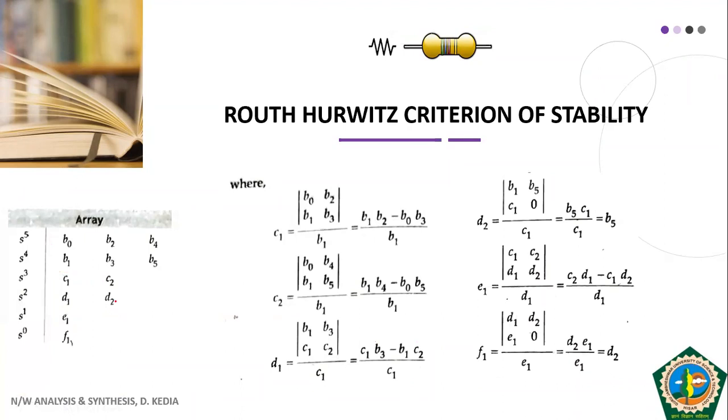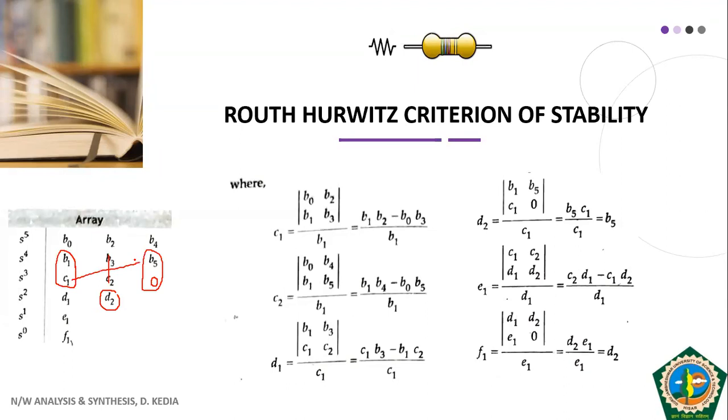For D2, we will consider B1 C1, this one we will consider, this row we will skip, okay, and we will consider this one. Fine. So there is no term here, it means it is 0. So how do we obtain D2?